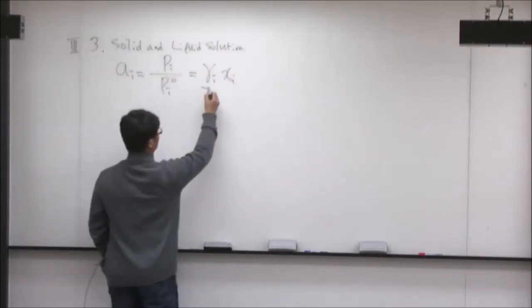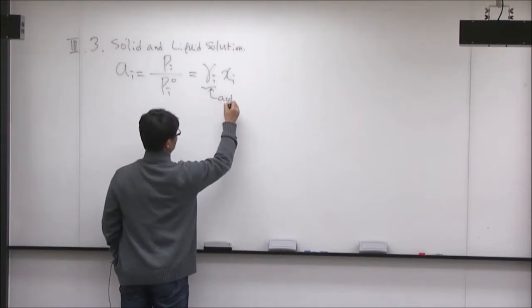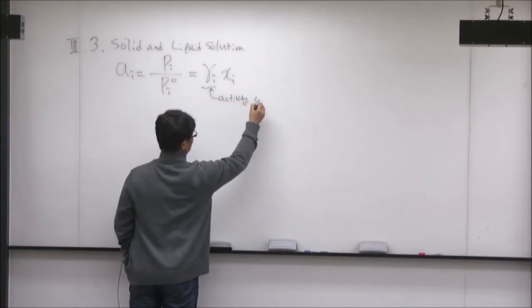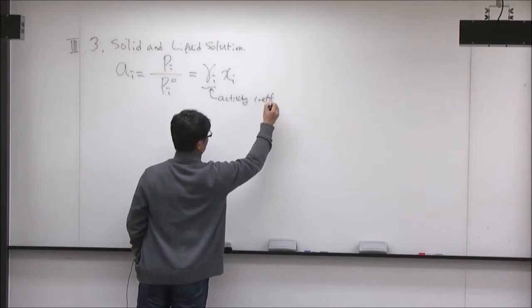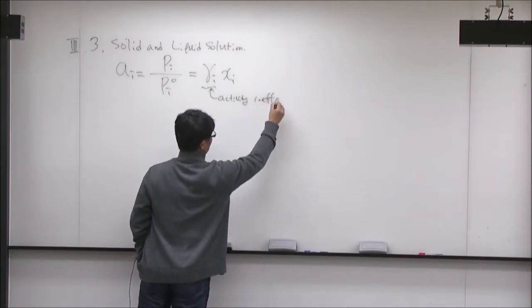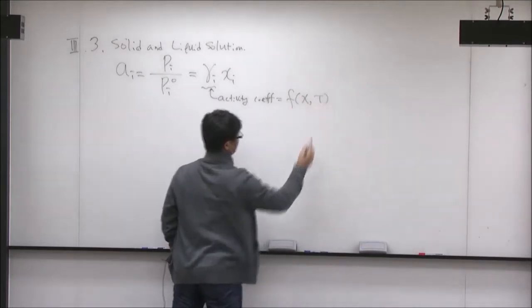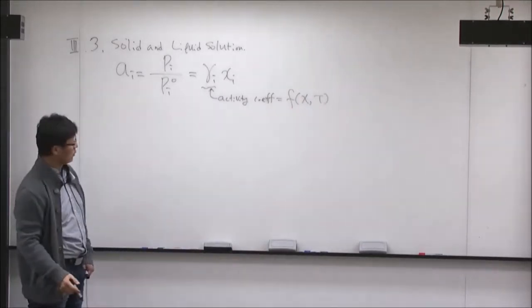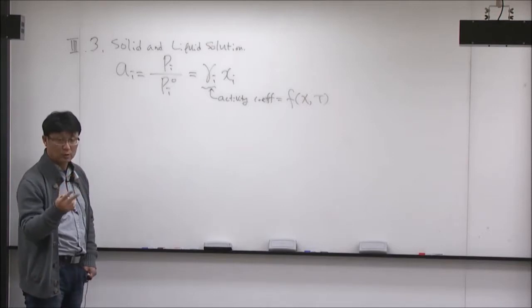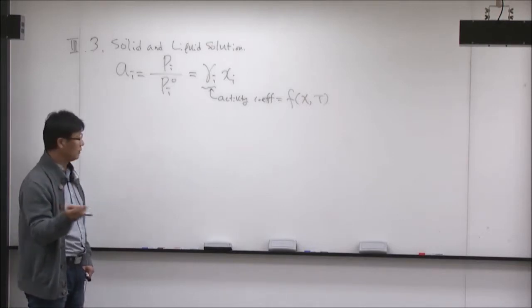And the activity coefficient is a function of the composition and the temperature. And there are two kinds of limiting cases.